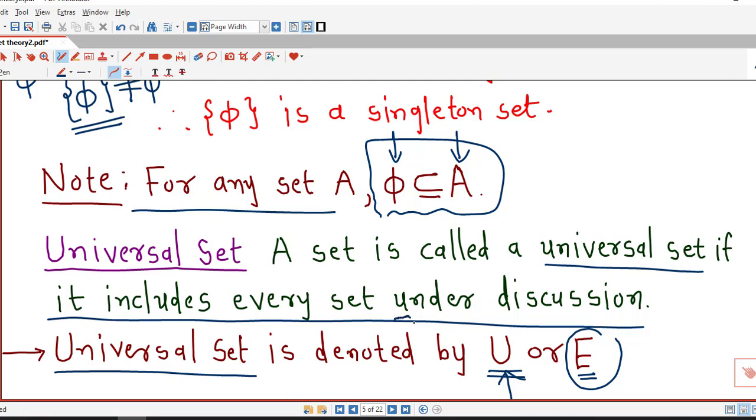This universal set depends on whatever discussion we are carrying on, so depending on the given discussion, there will be a different universal set.